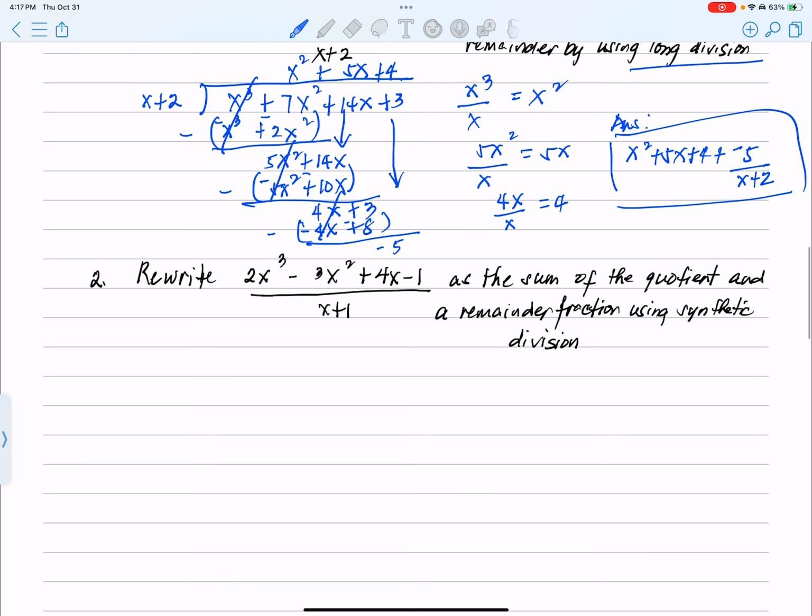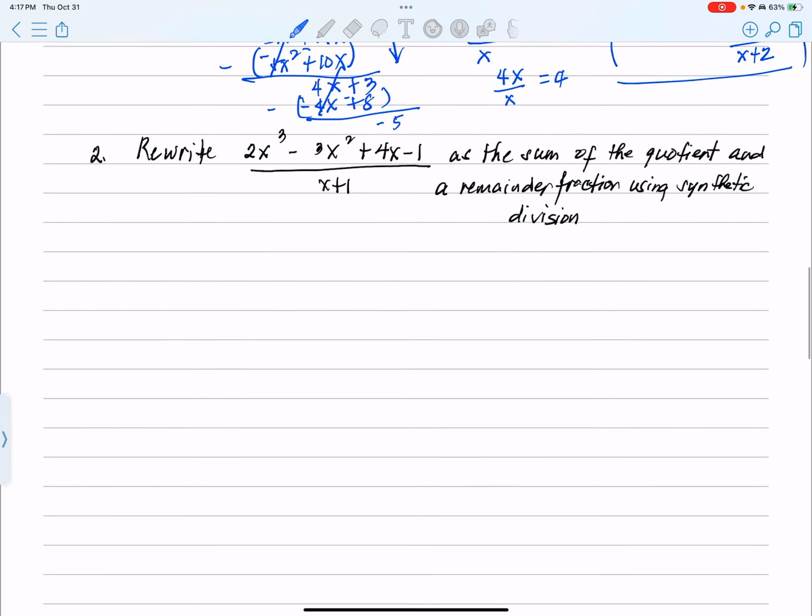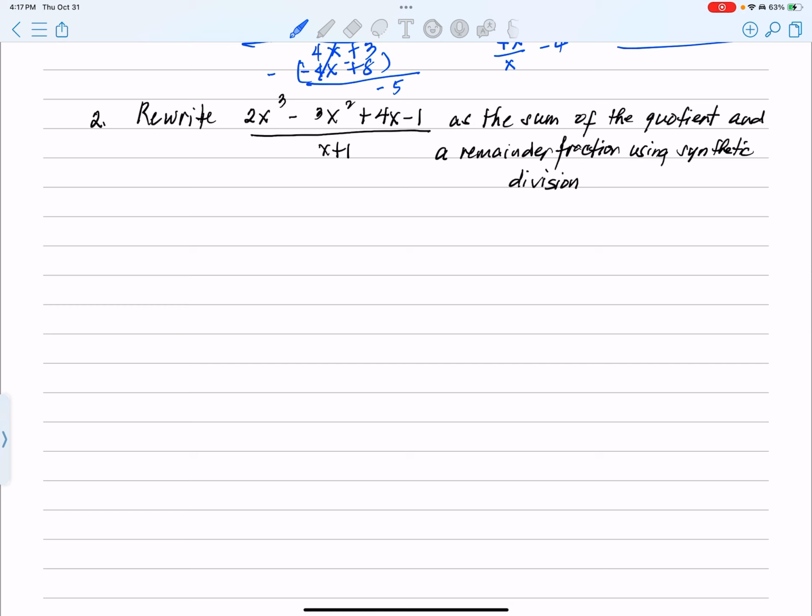Okay, let's have this. Rewrite 2x to the third power minus 3x squared plus 4x minus 1 over x plus 1 as the sum of quotient and the remainder, that is the remainder fraction, using the synthetic division.